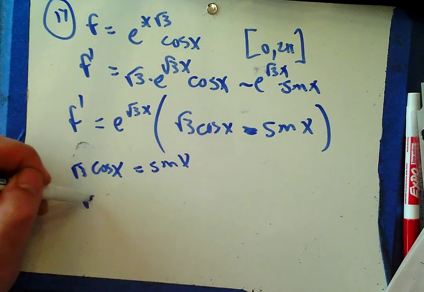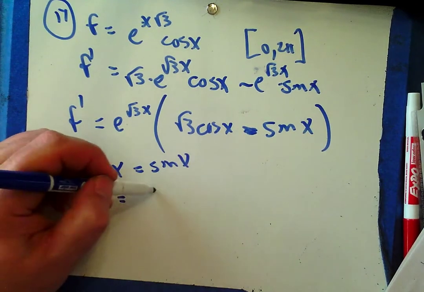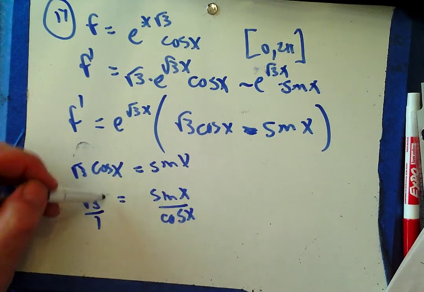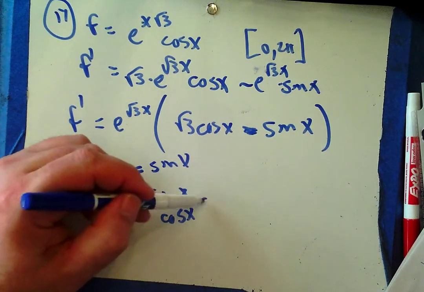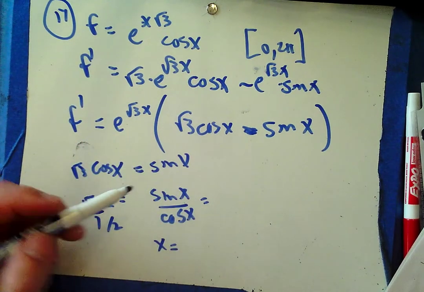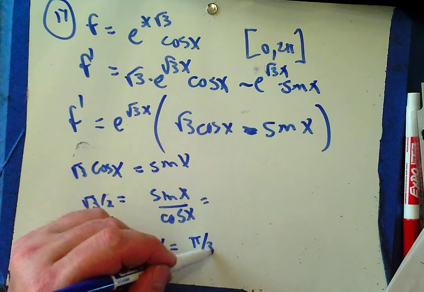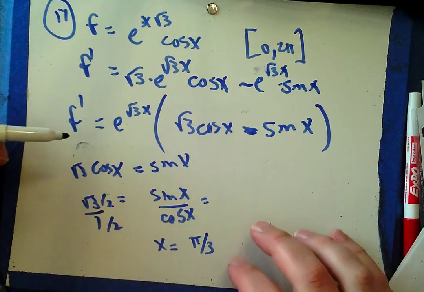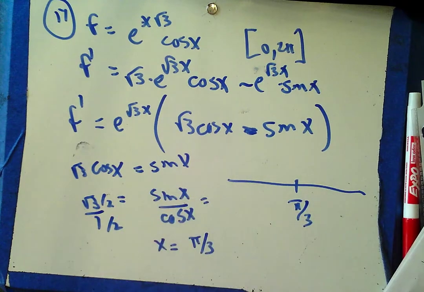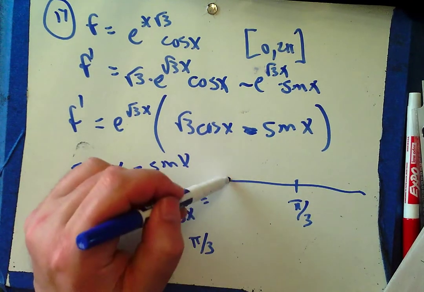If I divide both sides by cosine x, we've seen this one already today. This one's this. And so we know that x equals pi over 3. Okay, so pi over 3 is our only critical point on 0 to 2 pi.